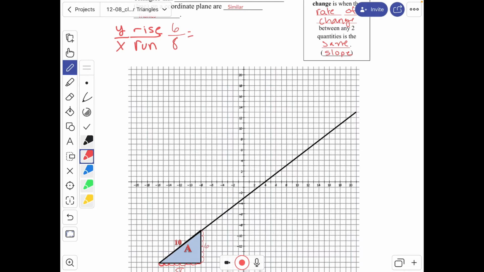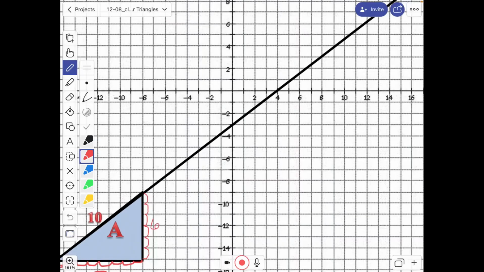But we want to make a similar triangle. So let's say if I multiply each number by 2, that would be 12/16. So I'm going to make a similar triangle.